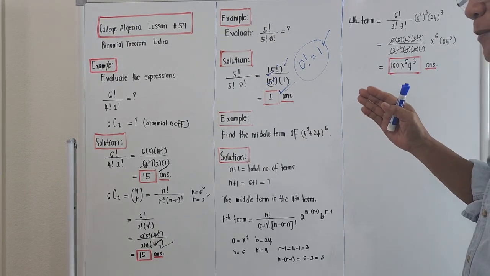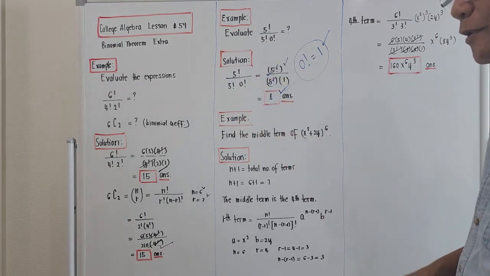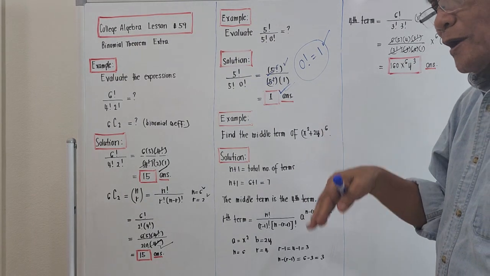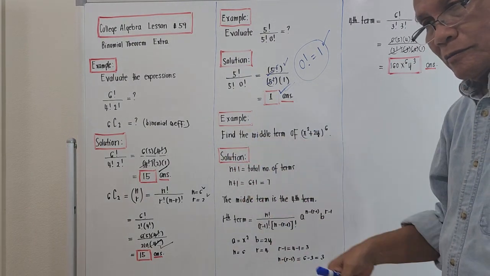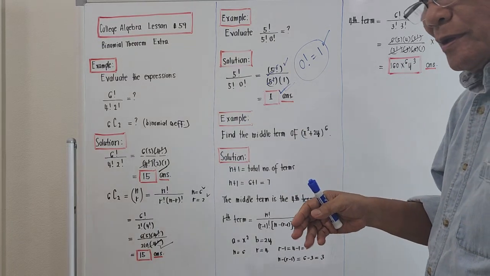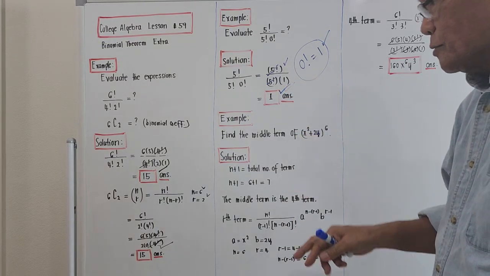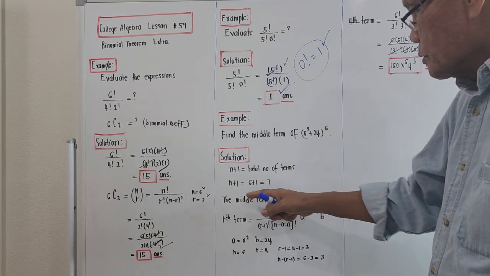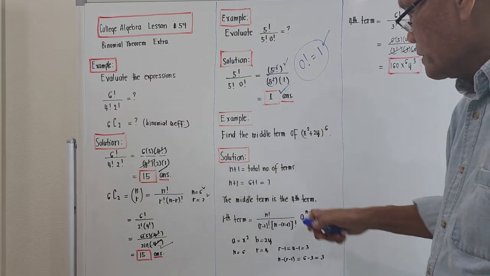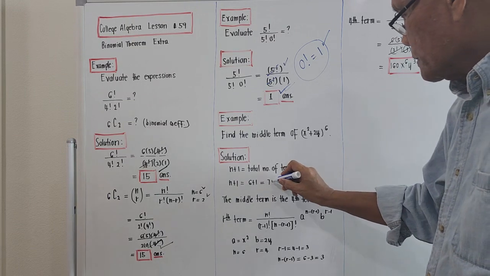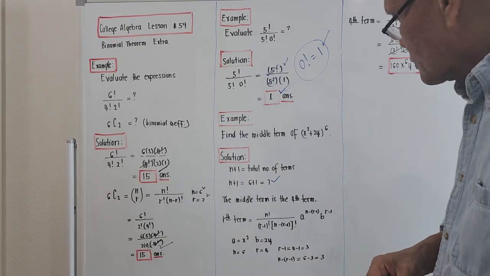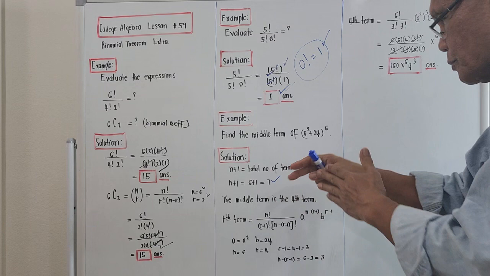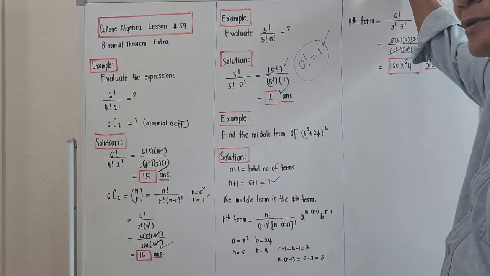And from the annotation of binomial theorem, if we expand a binomial expression, the total number of terms will be n plus 1. So n plus 1 now will be 6 plus 1, so this will be 7. Meaning to say, if we expand this binomial expression, there will be 7 terms.